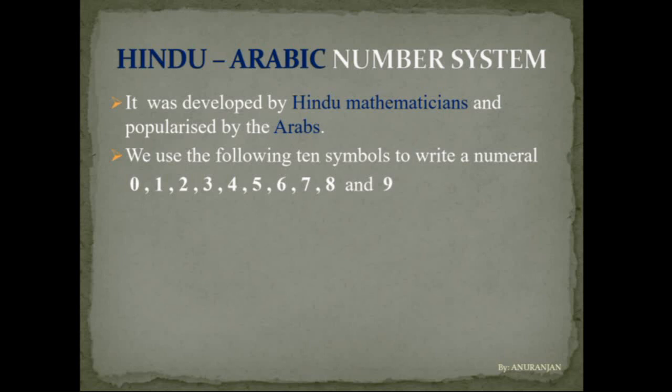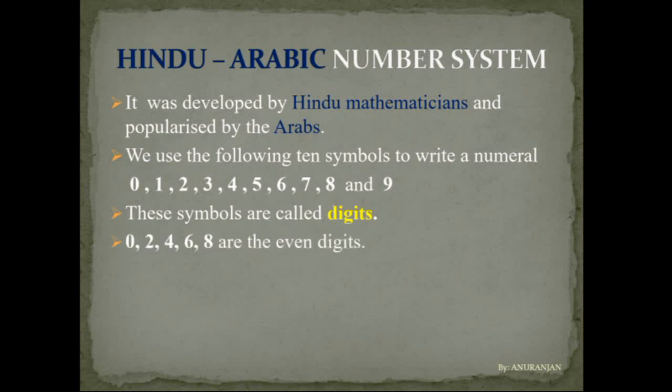Any number that will be so formed will comprise of these symbols. These symbols are called digits. 0, 2, 4, 6, 8 are the even digits. 1, 3, 5, 7, 9 are the odd digits.